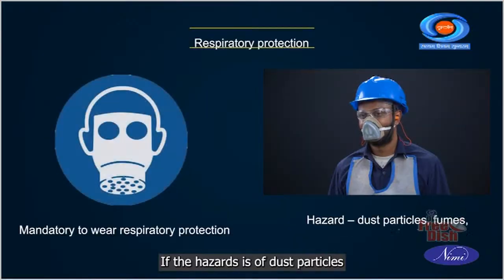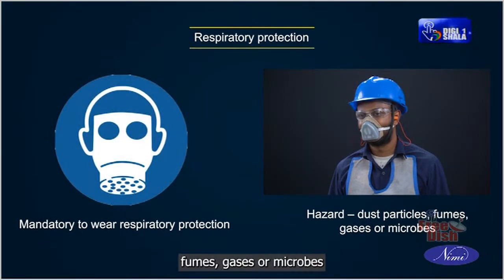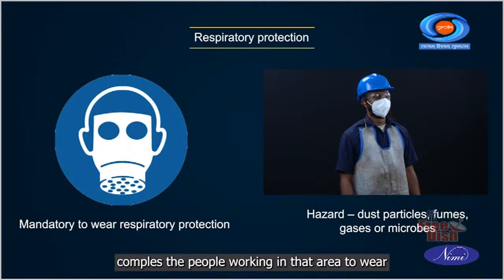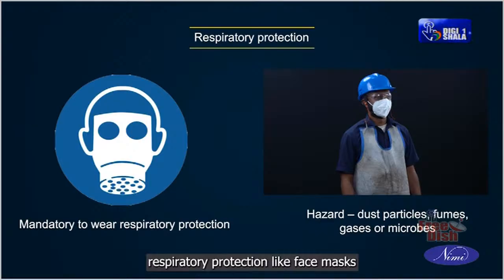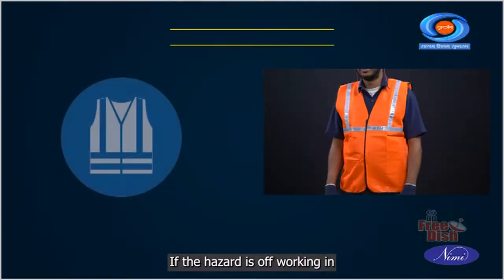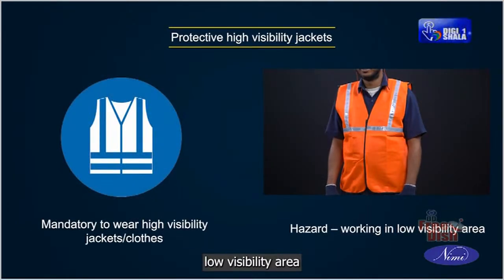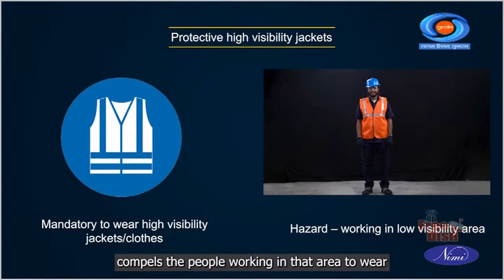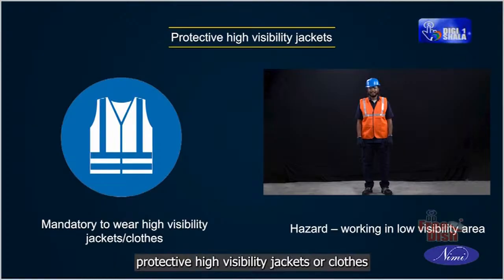If the hazard is of dust particles, fumes, gases or microbes, this mandatory signboard compels the people working in that area to wear respiratory protection like face masks. If the hazard is of working in a low visibility area, this mandatory signboard compels the people working in that area to wear protective high visibility jackets or clothes.